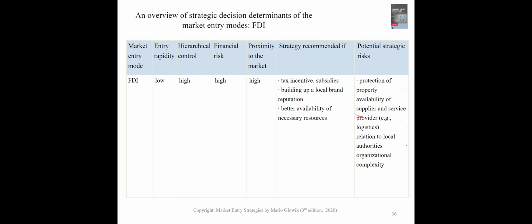Suppliers should be as close to us as possible, and the corresponding service providers, logistics firms, banks, but also universities educating students, which then have the knowledge which is required to make our products and services.